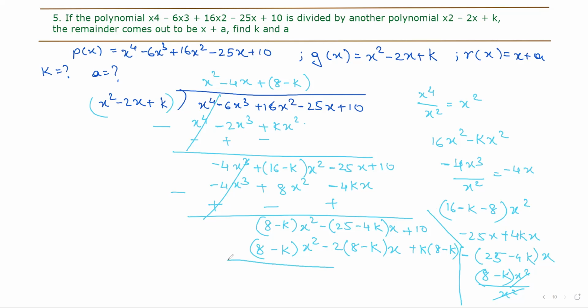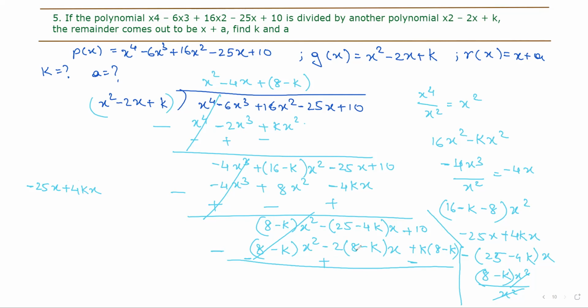So let's calculate this. Subtraction, changing the signs. These two terms will get cancelled. But what are we getting here? Minus 25 minus 4k, so I'm writing it on the left hand side, minus 25. I'm reducing the minus sign over here, so you get minus 25x plus 4kx. Plus, minus got converted into plus 2 into this value.